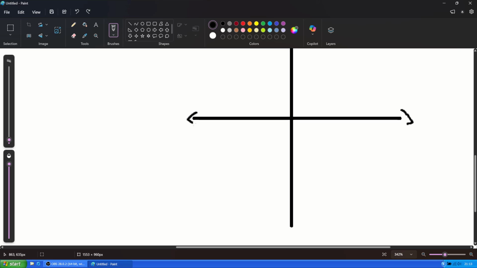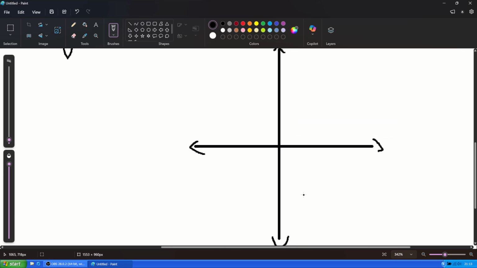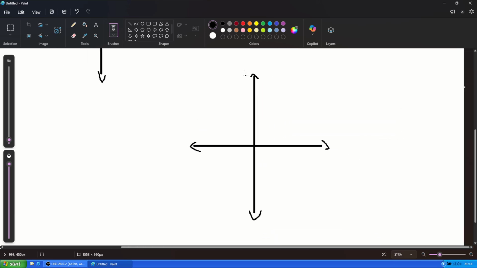There we go. That's good enough. So we know that this whole length, from negative infinity on this part to positive infinity on this part, this is the y-axis, right? And conversely, this whole thing from negative infinity to positive infinity here, that's the x-axis, right?